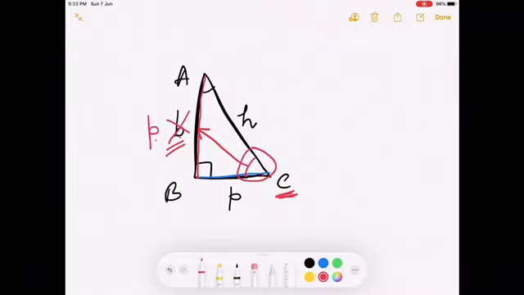Same way here for the angle C, the side which is making up the angle C is made up basically by two sides. One of the sides making up the angle C is side AC, and the other side is side BC.